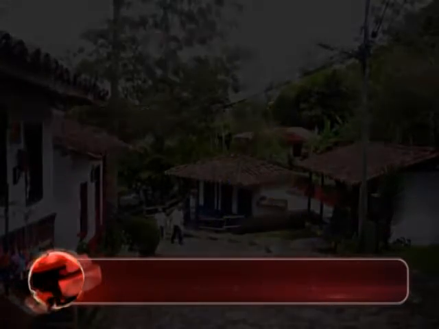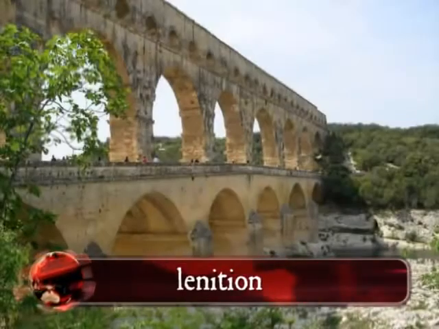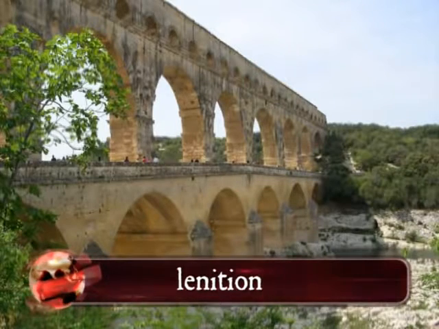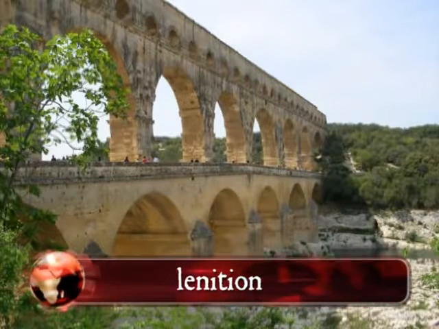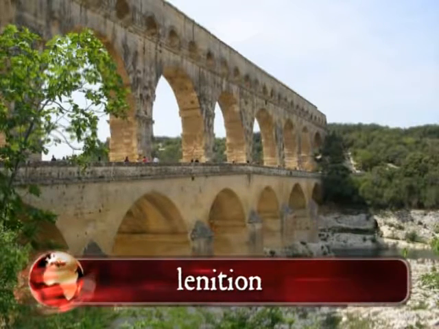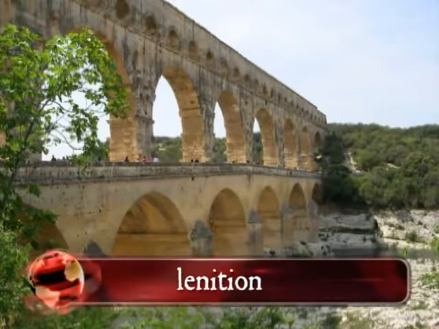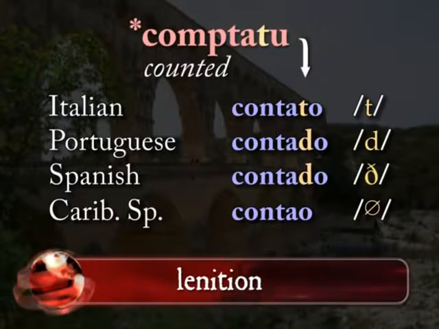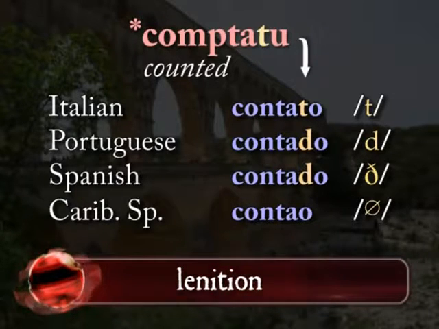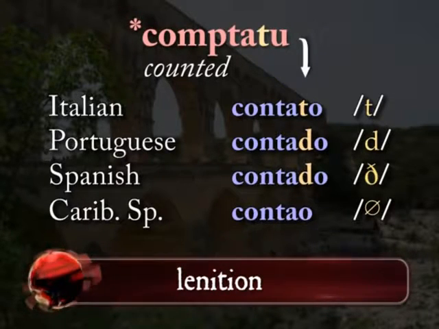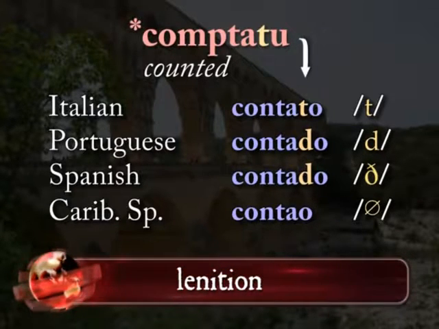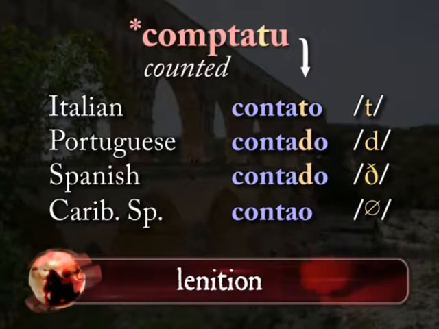Romance consonants were sometimes softened between vowels, and this was routinely the case in Western Romance languages like French, Spanish, Catalan, Occitan, and Portuguese. This process, called lenition, explains why the final T in contato becomes voiced D in Portuguese contado, a th sound in Spanish contado, and disappears entirely in Caribbean Spanish contao.